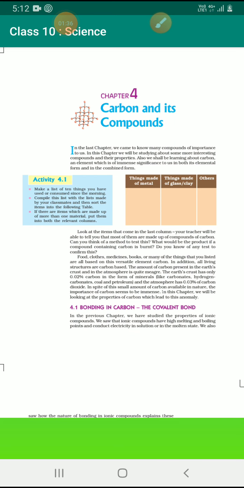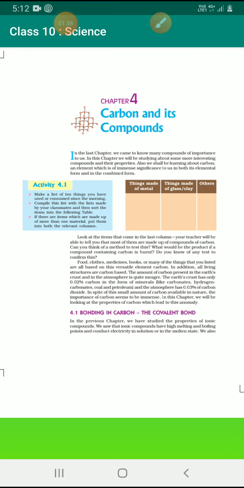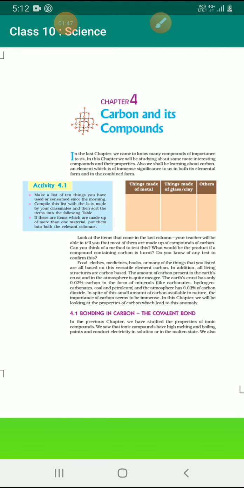Children, before starting this chapter, let me tell you something about it. In this chapter, we mainly deal with the compounds which are related to carbon. I have told you many times, while you are listening to my lectures, kindly keep the textbook handy, use headphones for better audio quality, and use a pencil so that you can mark the questions or write important things.